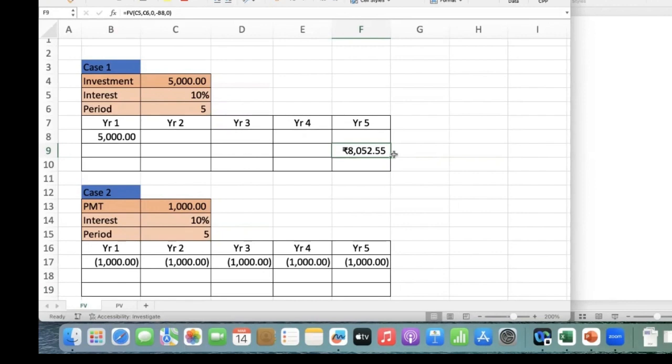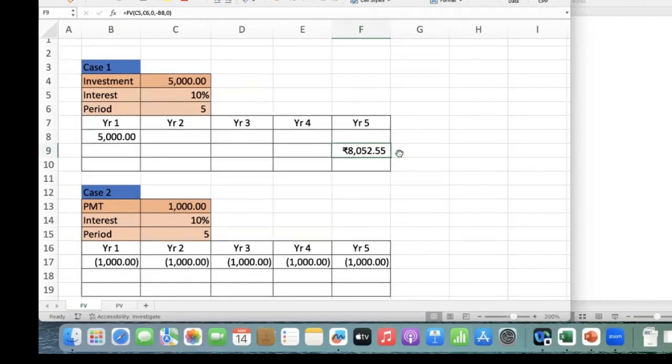Number 1 is when you are going for any investment. You are investing a certain amount of money in SIP or in a bank. You can use this formula to understand after a certain period of time how much you should expect.